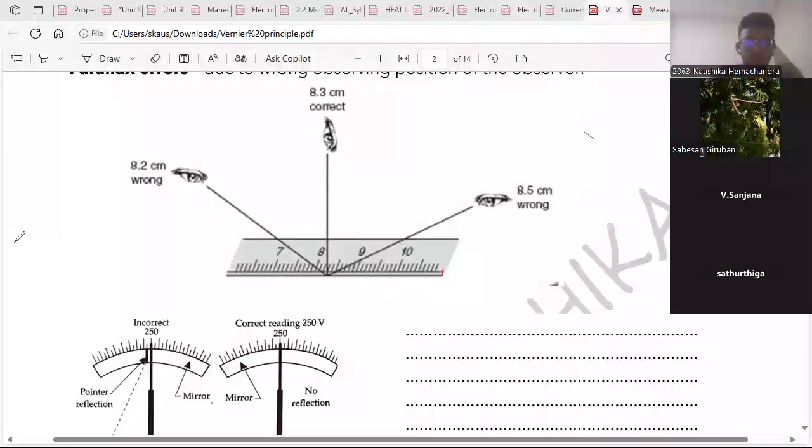If you draw it, you can see like this, and consider this as the meter ruler. And there's a measurement that you want to take. Say this is the measurement that you are taking at this point, right? So the scale of the meter ruler is on top, it's not on the bottom.